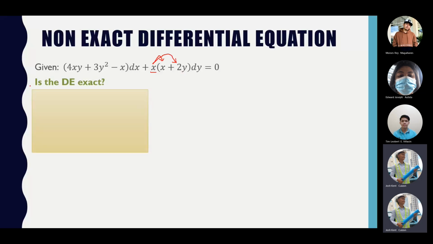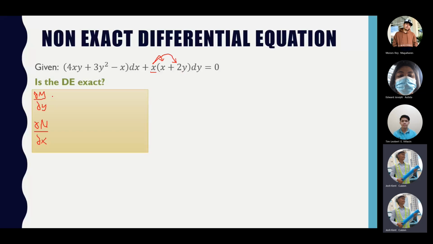So, let's test it here in our cute board. So again, how to know if DE is exact? We take the partial of M with respect to y and the partial of N with respect to x.